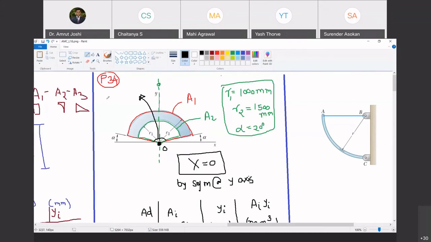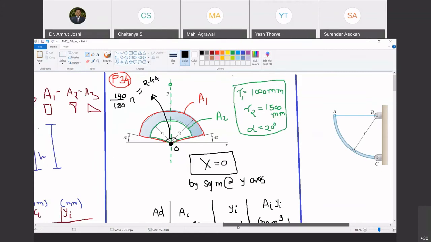But 140 must be in radian. 180 corresponds to pi, so 140 will correspond to 140 upon 180 into pi. How much is that? So 2.44 radians. You are right, 2.44.